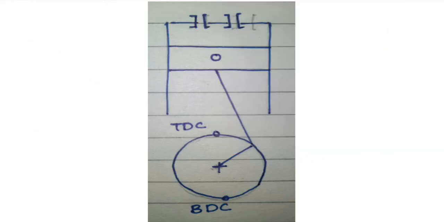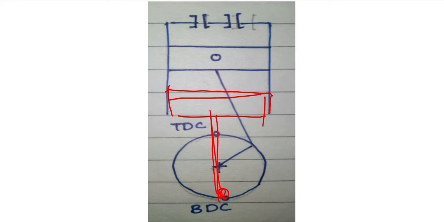Okay, so let's see the working of the piston and the cylinder. When the piston is at this point, the attachment is like this, and this position is known as the bottom dead center, when the piston is at the farthest end of the cylinder.